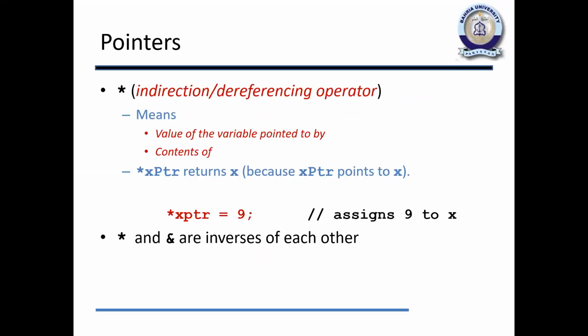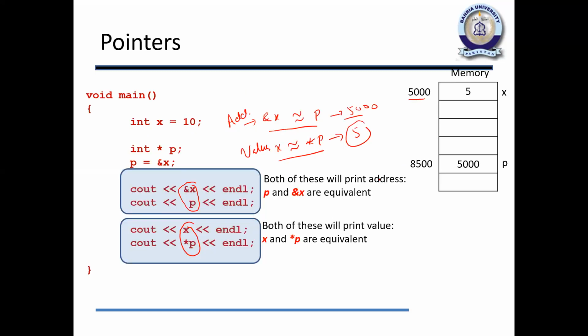Now you see, it is also possible that we can use a pointer to assign a value to the variable. Let me come here, because here we have this memory. So you see, this p is 5,000, and we know if I write star p, it is saying contents of 5,000. So it means I can also write something like this. Suppose I call it 102.